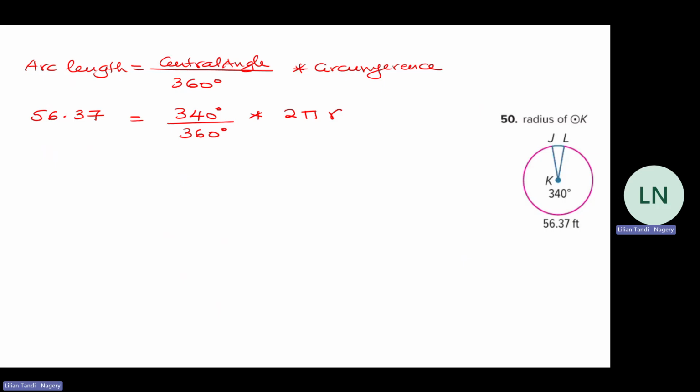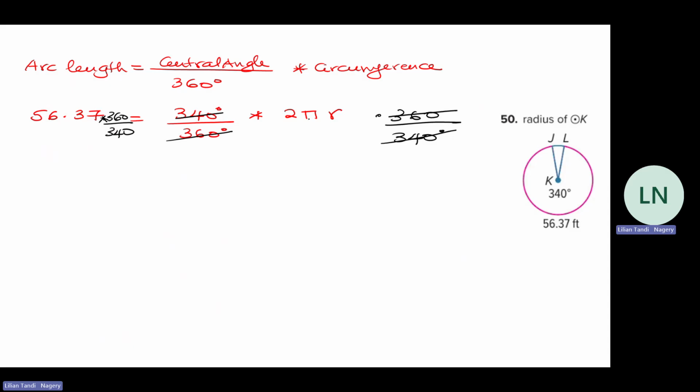Now who has to move? I will do multiplicative inverse. So I will multiply both sides by 360, and I will divide both sides by 340. So I will write here 360 divided by 340. So this will go with this, and this will go with this.